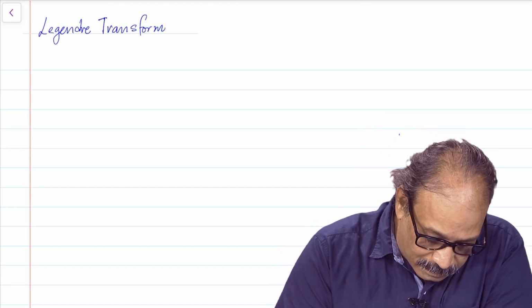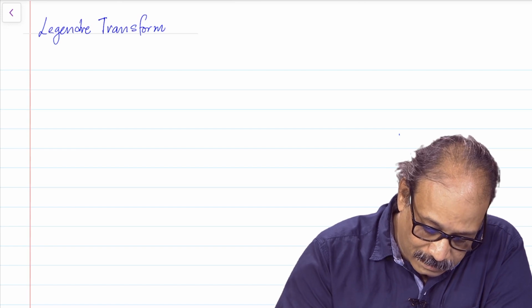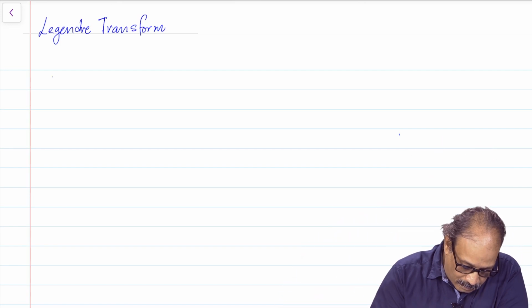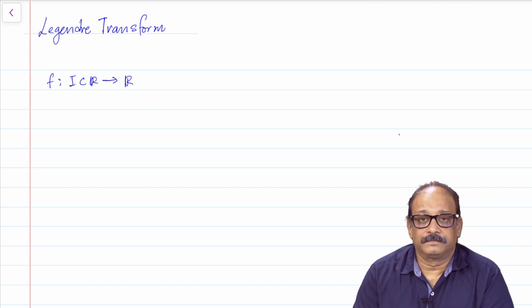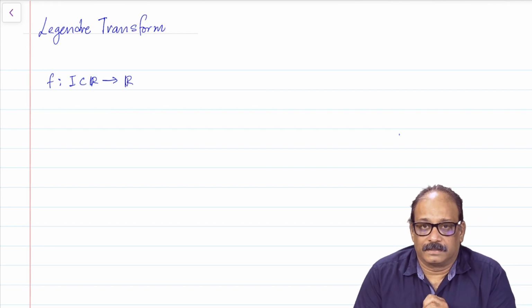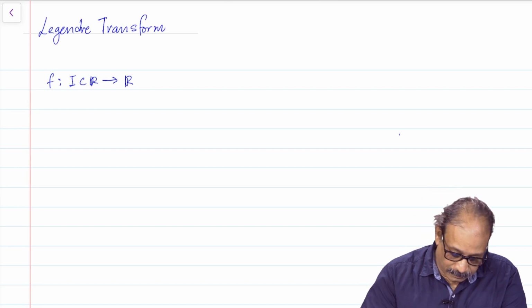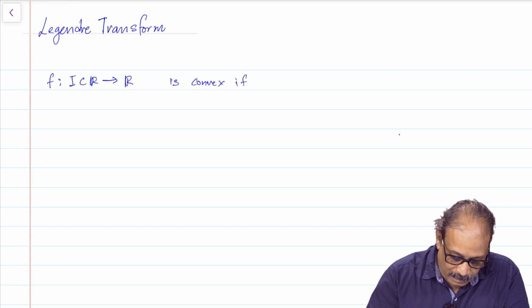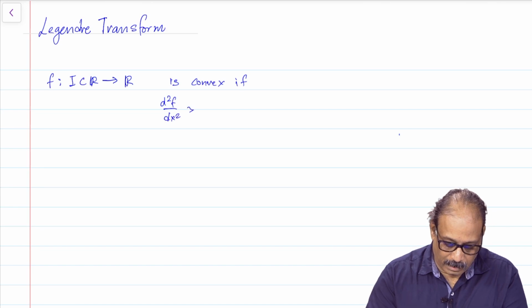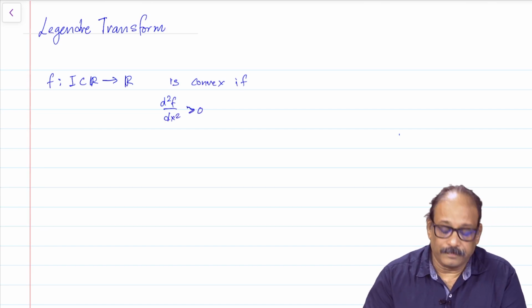So, if you have a function which is defined over some interval of the real line, and it is a real function, we will call this function convex if the second derivative of the function is greater than 0.